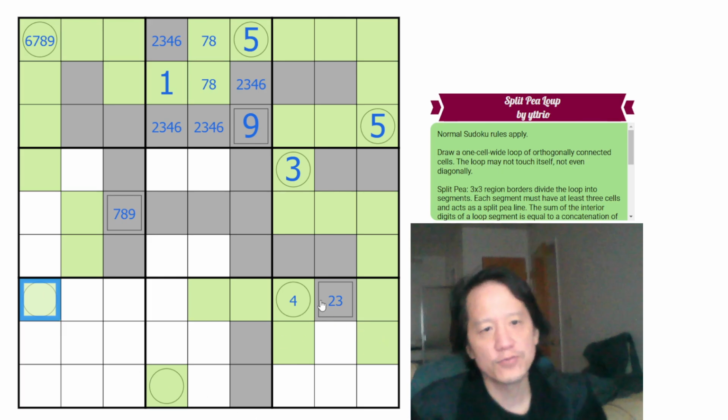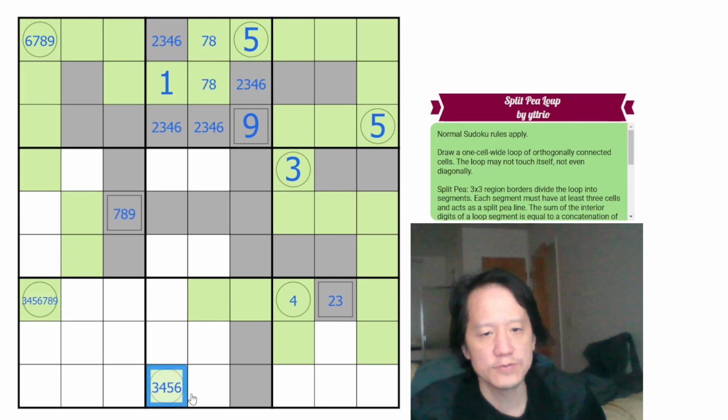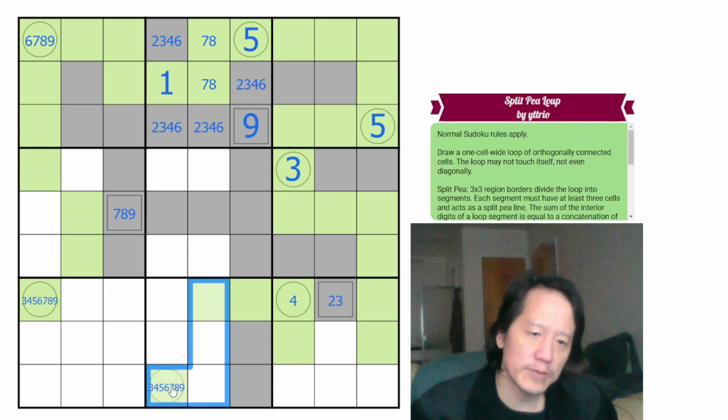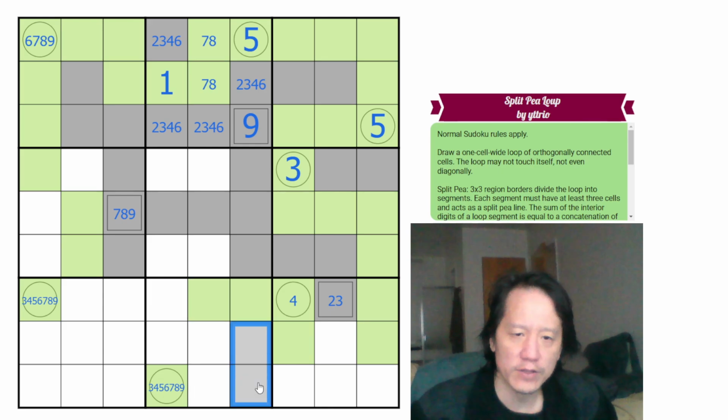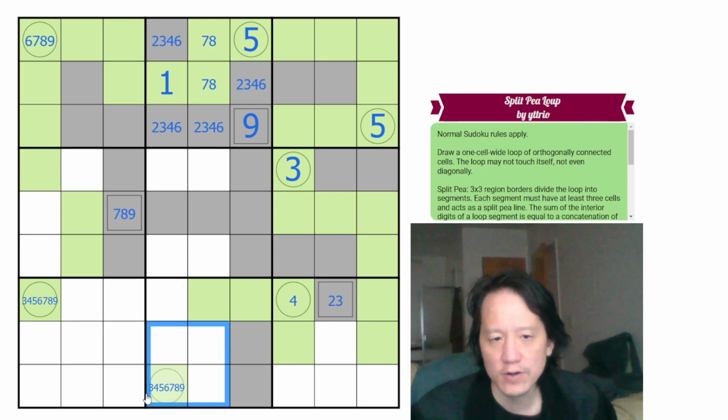They always are 3 or more. So it's 3, 4, 5, 6, 7, 8, and 9. This is 3, 4, 5, 6, 7, 8, and 9. It cannot be both here and here, right? This is no longer valid as part of the loop. So therefore, it cannot just go here and then enter it here and exit here because it would have to touch itself there. Therefore, this must be part of the loop.